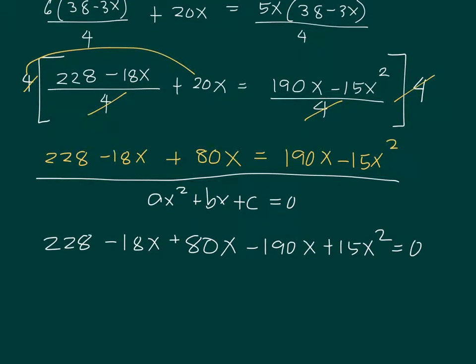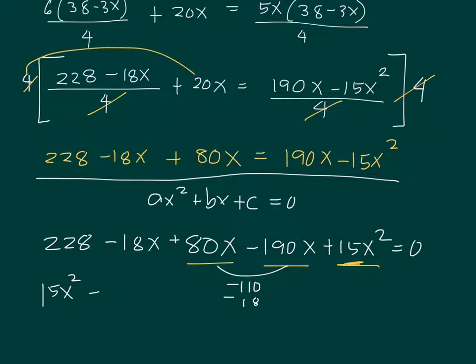And then you combine and arrange the terms. We have 15x squared because that's the highest exponent. Then 190 and 80, so that should be negative 110, and then I have negative 18, so that should be negative 128.